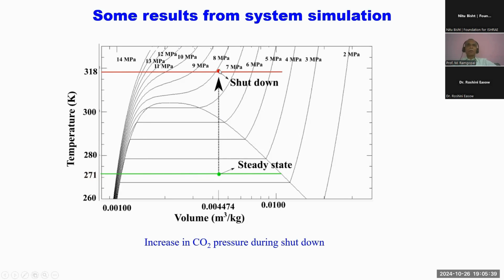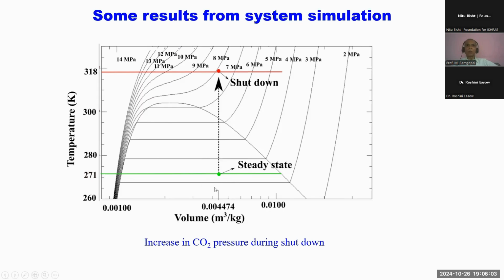Okay, so this 80 bar pressure is attained only when the system is off and is in equilibrium with the surroundings, right? So this is what is called the standstill pressure. That means the system is off, and what is the pressure inside the system? Even though the operating pressure is relatively low, about 30 bar, my standstill pressure is 80 bar. So this has to be kept in mind when we are designing the entire loop.